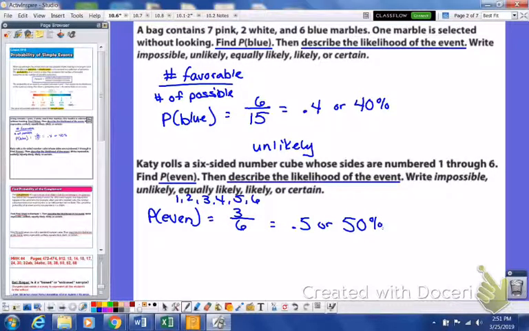So again, our probability of rolling an even is 0.5 or 50%, which we would label as equally likely. All right, so there are 2 examples of the probability of simple events.